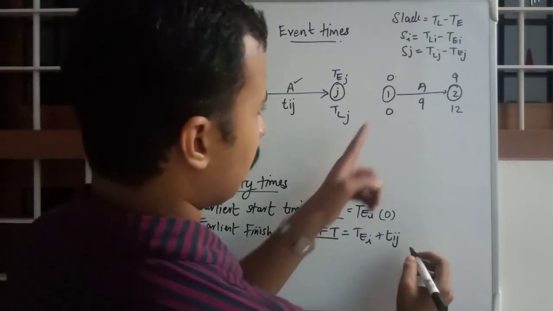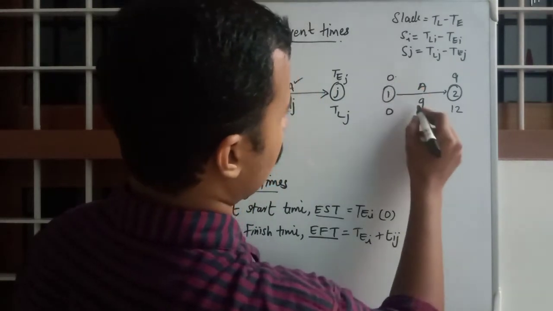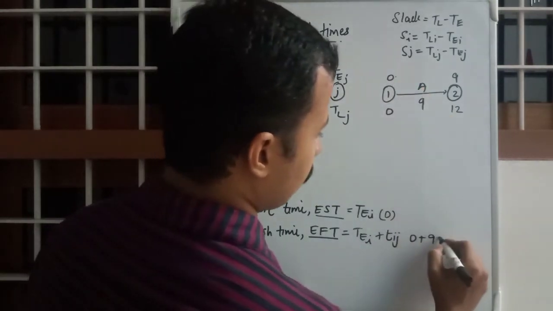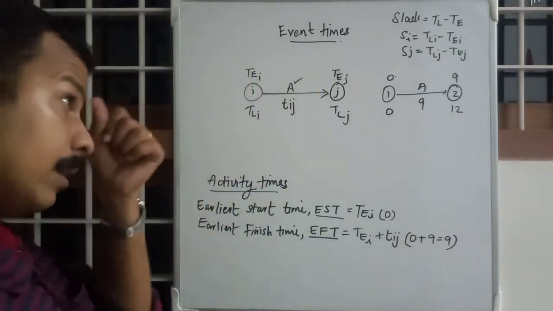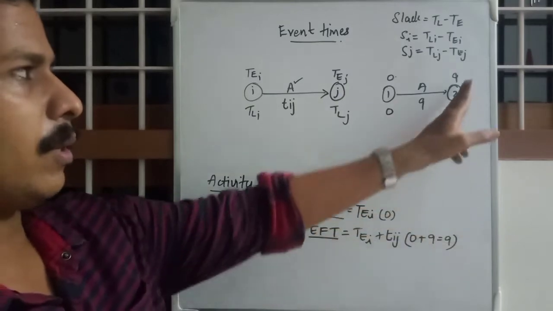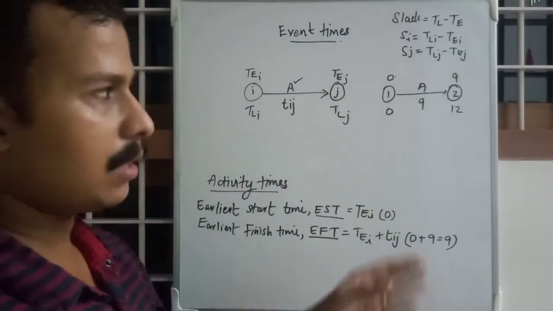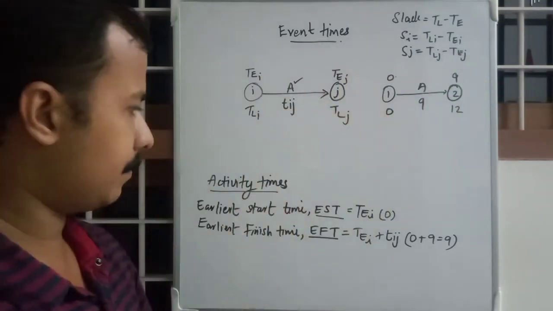So TEI plus Tij. From this example, 0 plus 9 is equal to 9. It may not coincide with TEJ; it can change or be anything else. It need not be equal to TEJ.